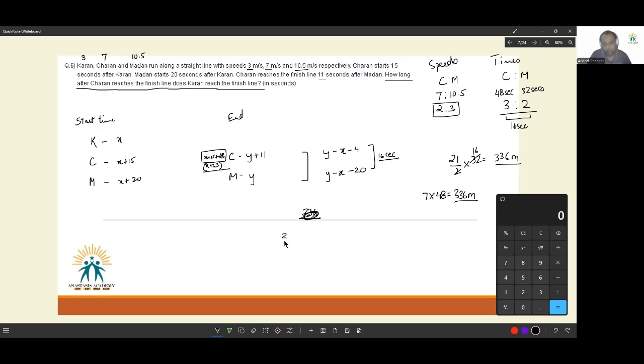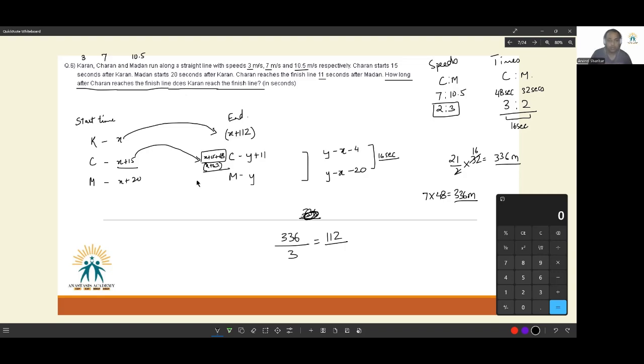For Karan, he has to travel 336 by 3, which is 112. So he will reach the finish line at x plus 112. So how much time after Charan finishes the race does Karan reach the finish line?